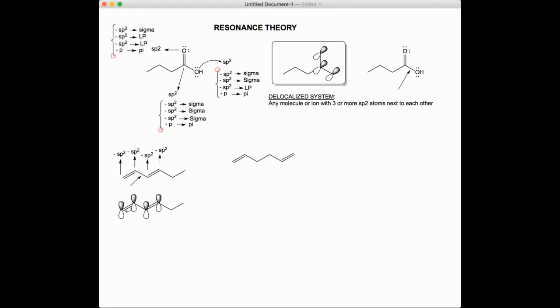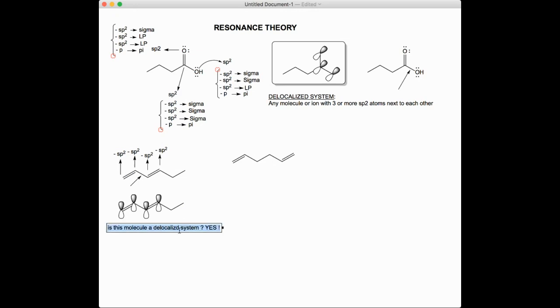Okay, is this a delocalized system? And the answer is yes. It has 4 sp2 carbons next to each other.